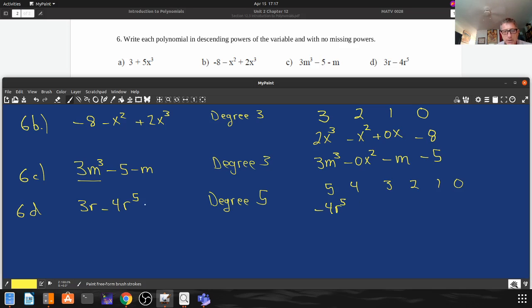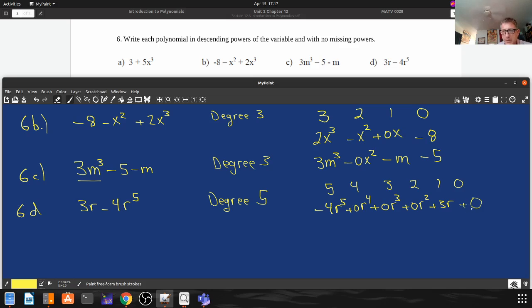There is no degree 4 term, so that's plus 0r to the fourth. There is no degree 3 term, so that's 0r cubed. There is no degree 2 term, so that's plus 0r squared. The 3r is a degree 1 term, plus 3r, and there is no constant term, but as I said earlier, we don't ever write plus 0. We just leave it out.